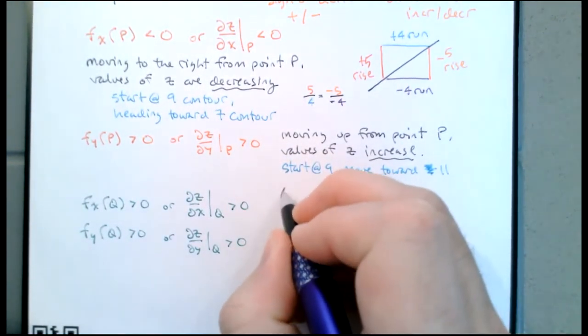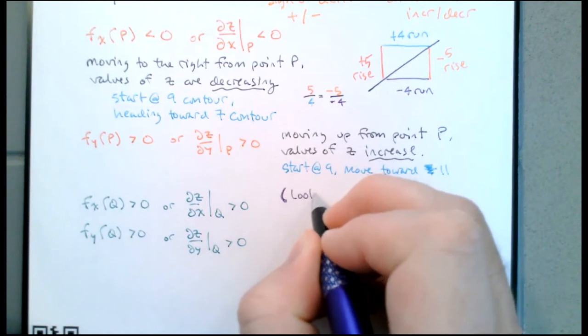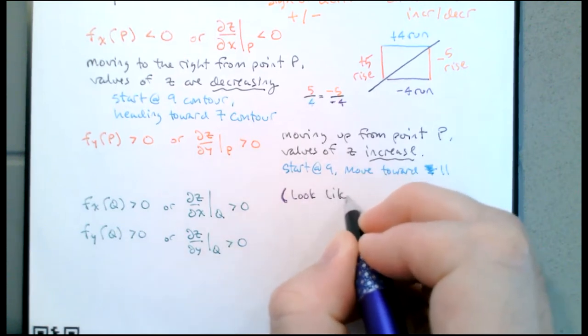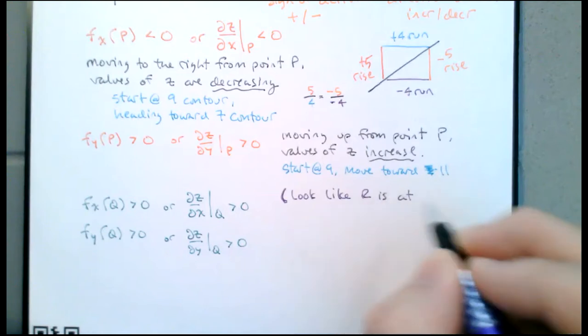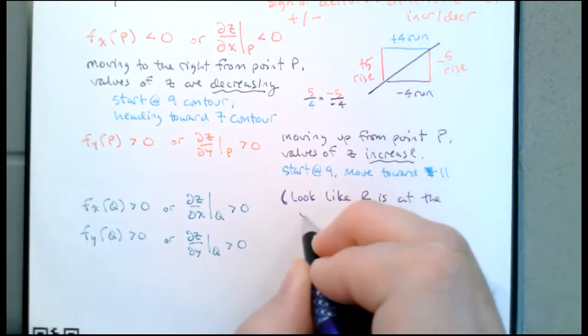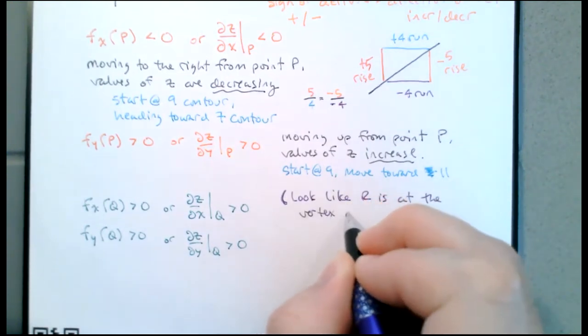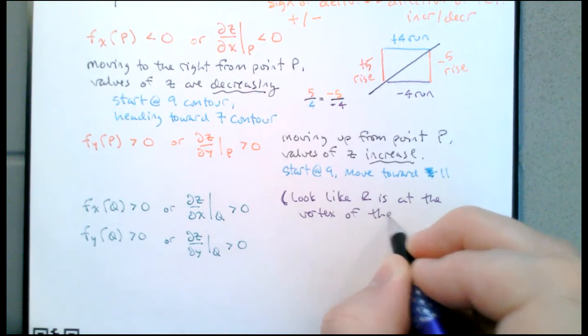Let's just make a note of that: it looks like R is at the vertex of the 11 contour.